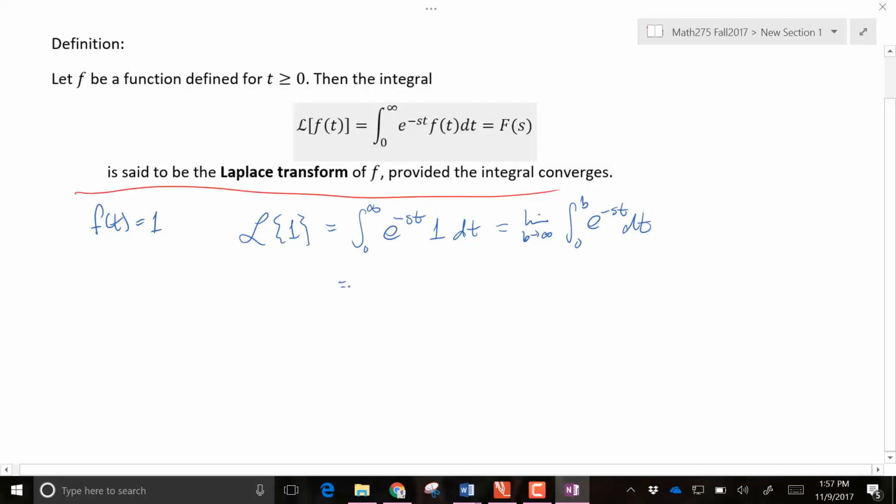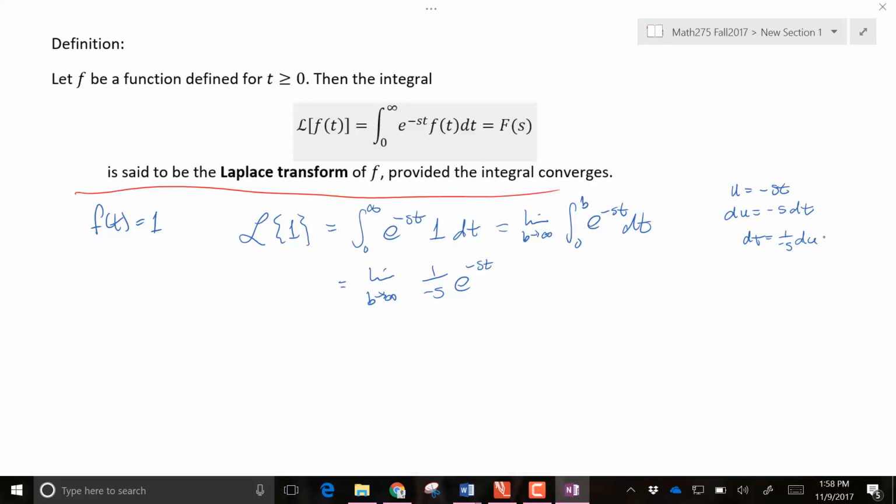That's going to equal the limit as b approaches infinity of 1 over negative s times e to the negative st. Is that right? You do a u substitution. Let's make sure. u equals negative st, du equals negative s dt, dt equals 1 over negative s du, right? However you want to do your substitution. Remember, s is a constant in this integral.